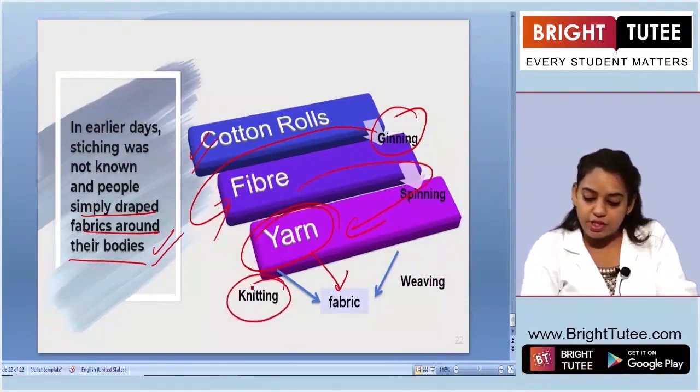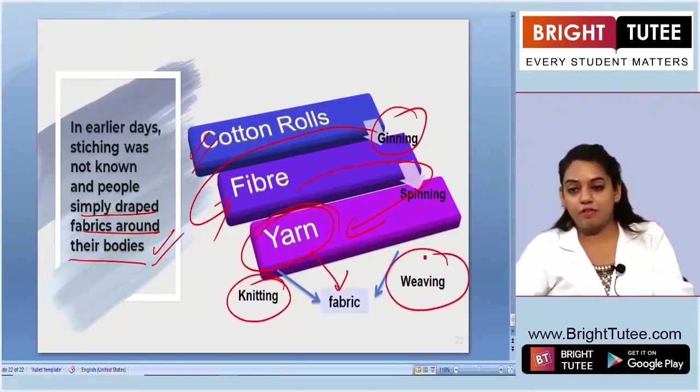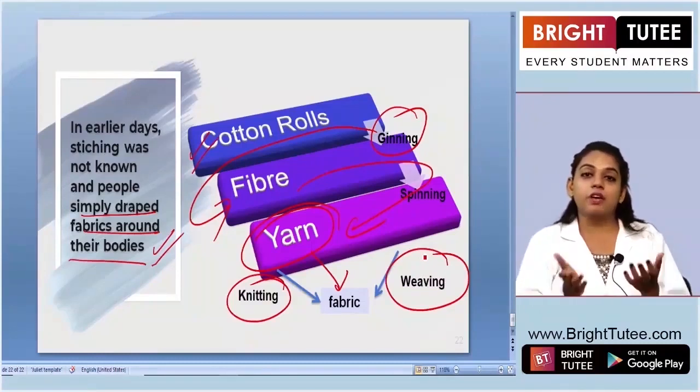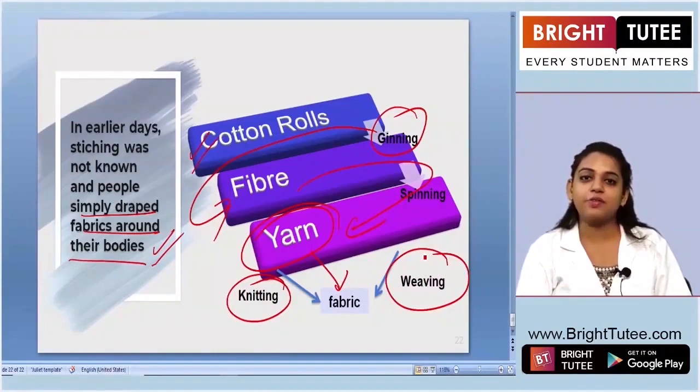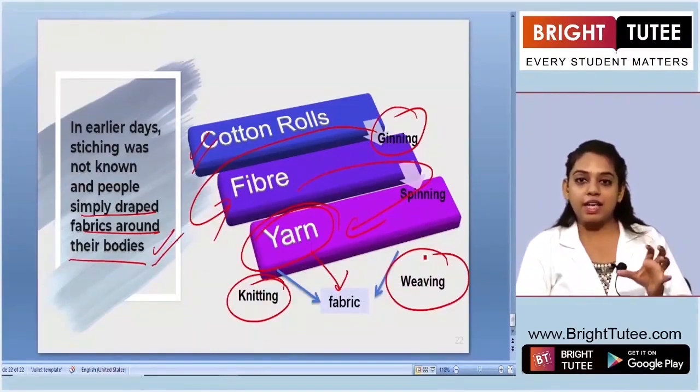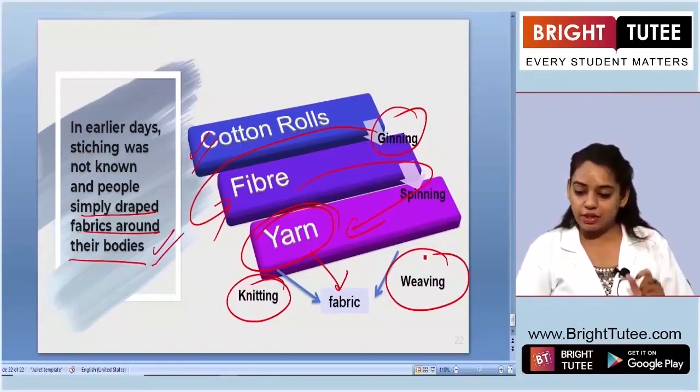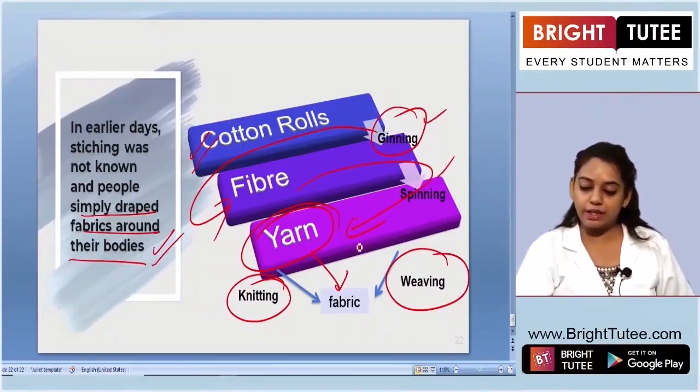By the methods of knitting and weaving we obtain fabric. So this was all about fiber to fabric. I hope you have really understood the concept well, and the terms given in the chapter like ginning, spinning, yarn, fabric, fiber.